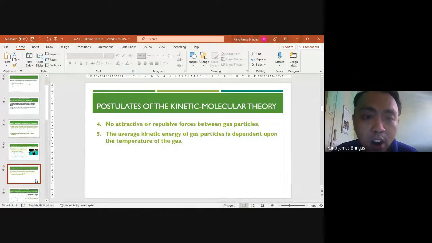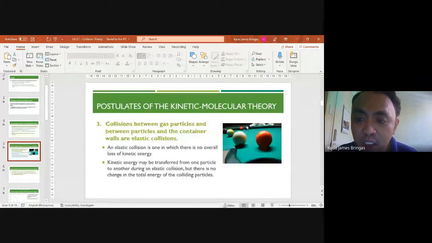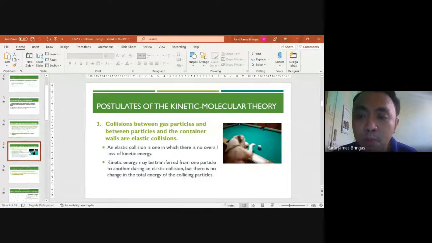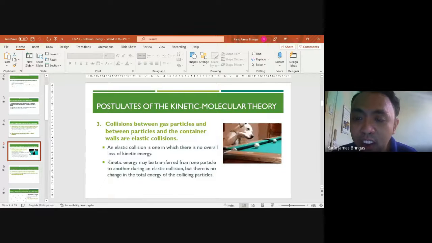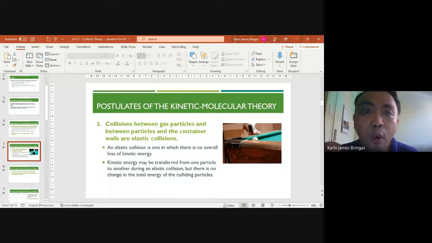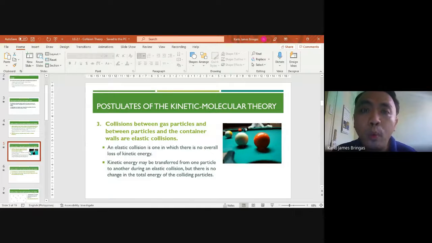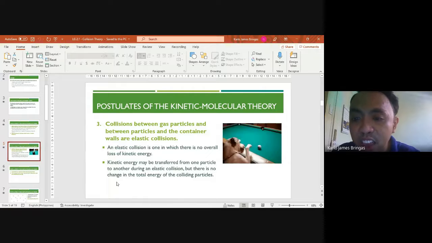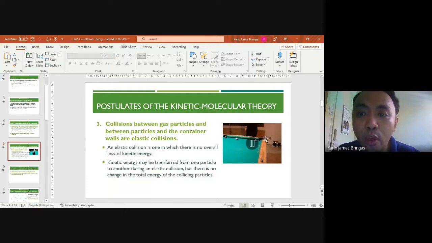So number 4, the fourth postulate of the kinetic molecular theory, is that there are no attractive or repulsive forces between the gas particles. This is important because, as you can imagine, if our gas particles move very close together, like when they collide here in our GIF, and there's any attractive force between them, the two balls might stick to one another.